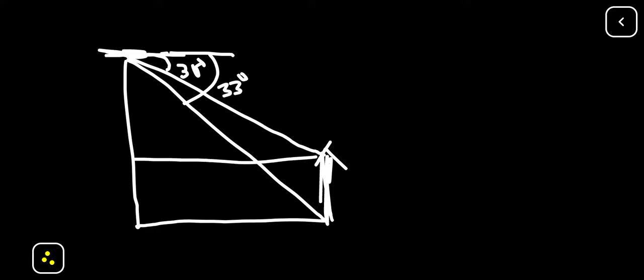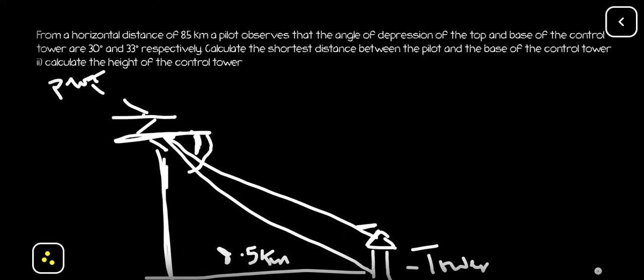So this is going to be 30 degrees, and this is going to be 33 degrees. And the same way, if you have it like this, this will be 30 degrees, and this other one here will be 33 degrees. All right, so you understand this part is alternate to this part, and this part here is alternate to this part here. So this is the diagram, and this is the original, just for you to understand the pictorial illustration.